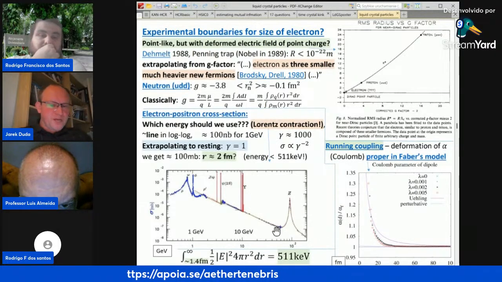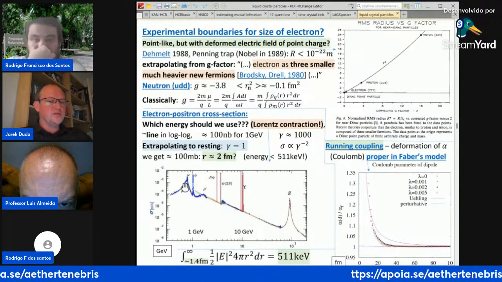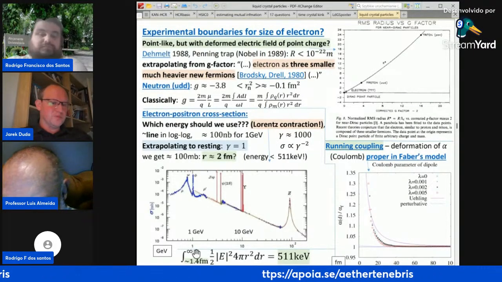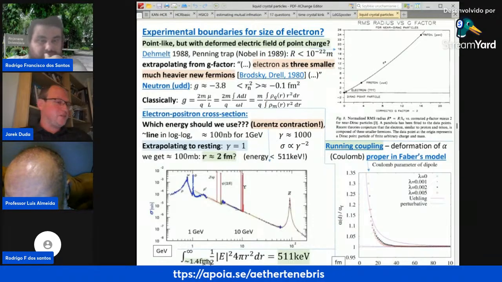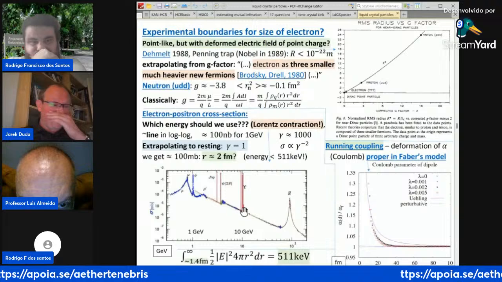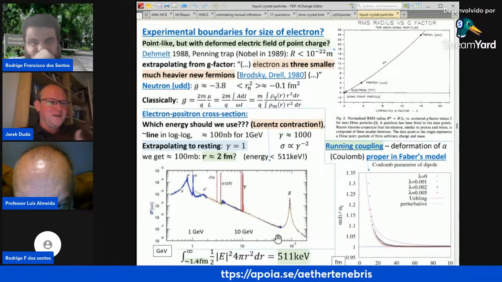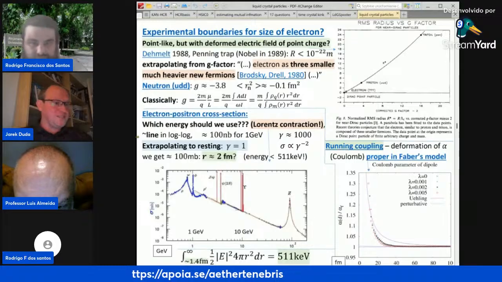Indeed, if we extrapolate this line to a resting electron plus positron, we get as required the distance not to exceed the mass of the electron with the energy of its electric field alone. So everything seems to agree. We need to do this extrapolation because we are not interested in the size of a high energy electron, but of a resting electron.